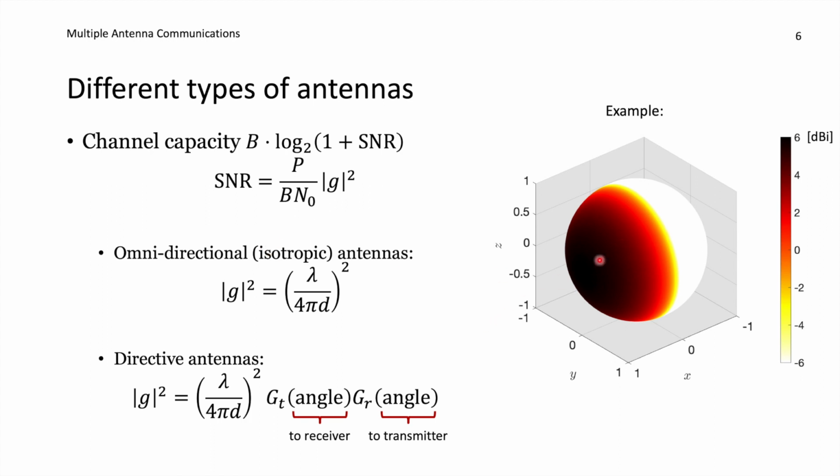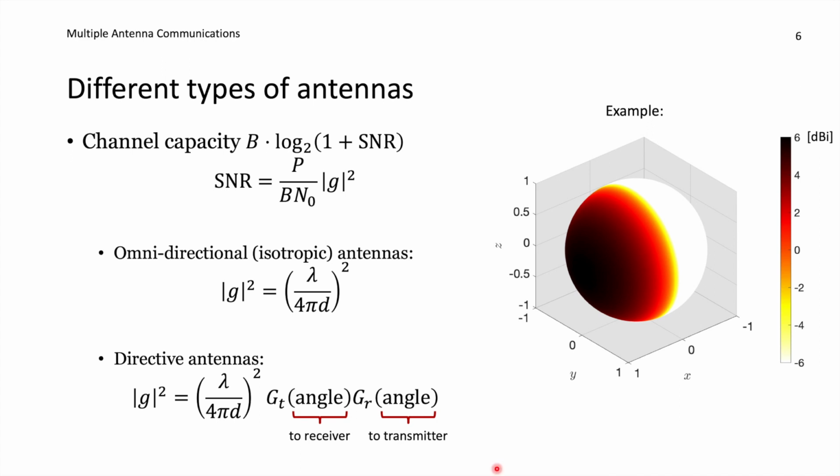So in this direction we get 6 dBi, or 4 times more signal energy focused in that direction. If the transmitter and receiver are using an antenna like this and they are pointing towards each other, so we get the maximum gains here, well then we get 6 dBi here, 6 dBi here, that's 12 dBi, and in linear scale we have a factor 4 here, a factor 4 here, that becomes 16 times more signal energy pointing in the right direction.